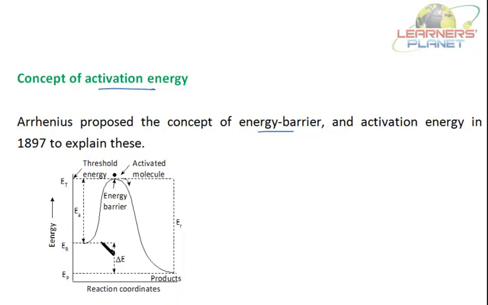The threshold energy is here, that is high energy, and the molecules possess this much energy. In order for the energy of the molecules to equal the threshold energy, some energy is required from outside.